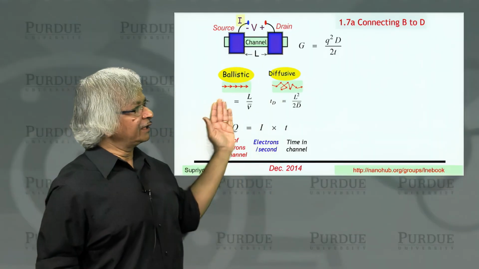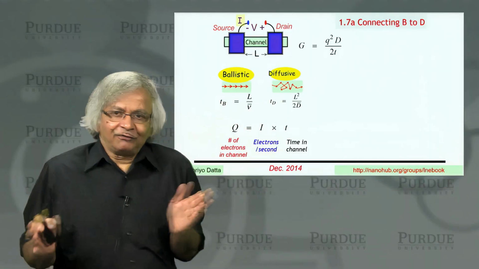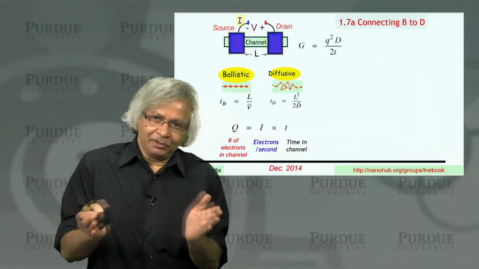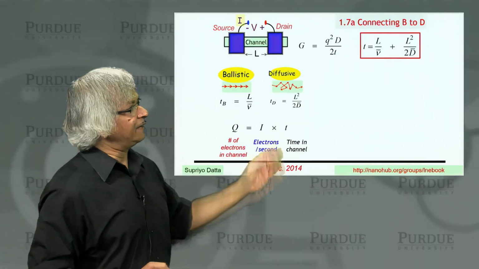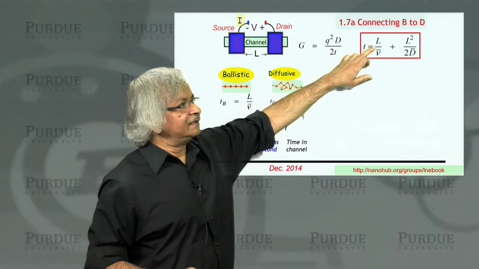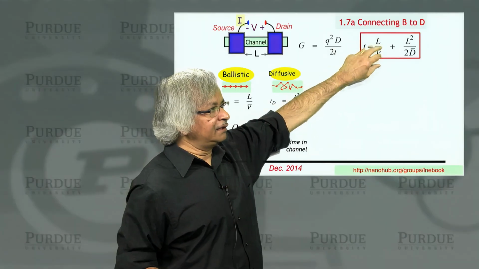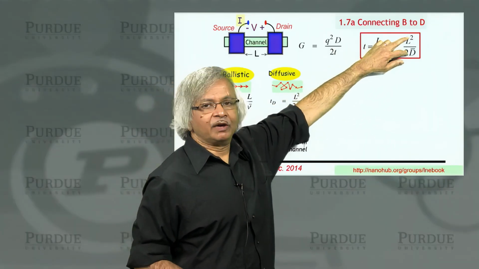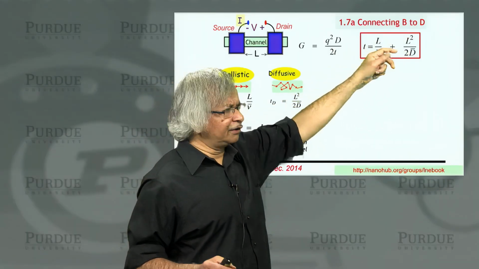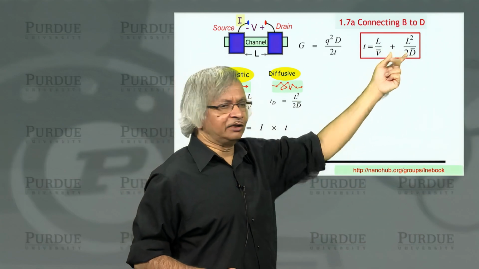Now, the way you can get a general answer that would work for both limits and in between is to write the time as L over V bar, the average velocity, plus L squared over 2D. Now, it might look a little surprising how you're adding the two.